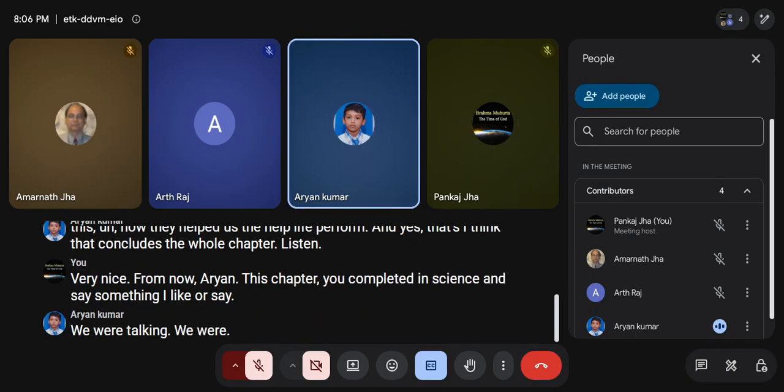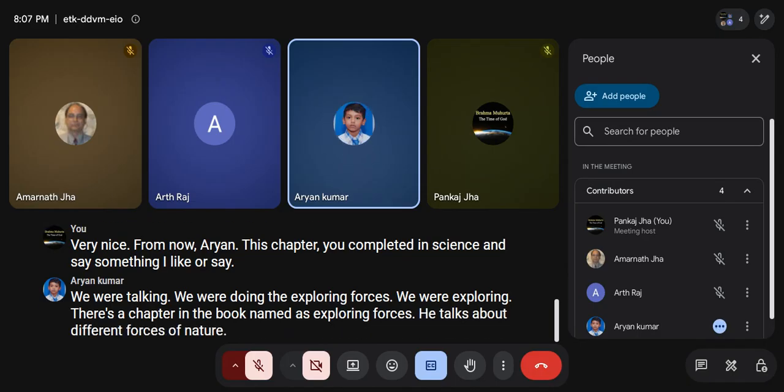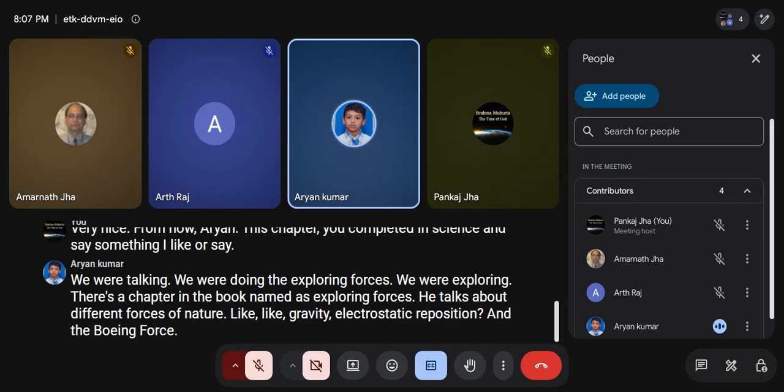We were doing exploring forces. There's a chapter in the book named Exploring Forces. It talks about different forces of nature, like gravity, electrostatic repulsion, the buoyant force, and muscular force.